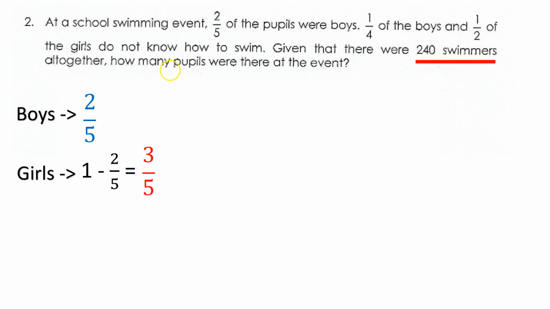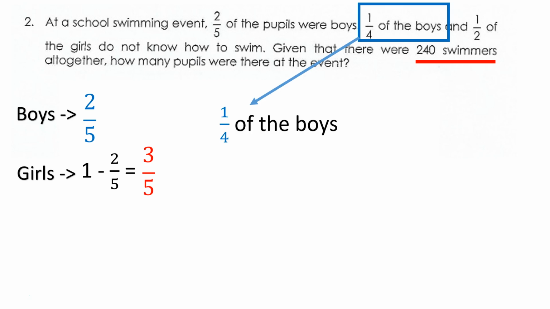Alright. Now we're going to continue the story, and they said 1/4 of the boys do not know how to swim. Now, in the non-model method, we pluck out the English sentence, 1/4 of the boys, and we change the English sentence into a math equation. So 1/4 is still 1/4. Of is just times.